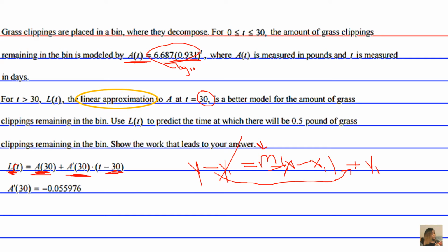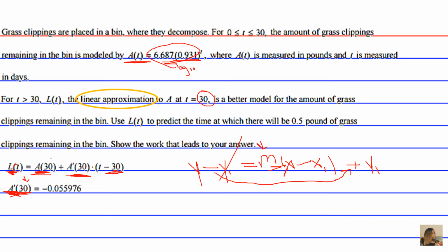I showed this in a previous video, how to do this. I think it's either video 24 or 25 of the series, so check it out and you'll know where this comes from. And all you have to do to find the slope at 30, and you know this is just an approximation, is plug in t equals 30 days, and you'll figure out the answer evaluated at 30 days.